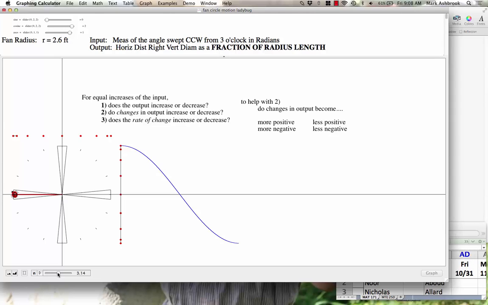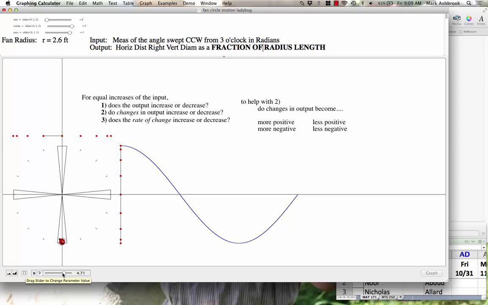The rate gets more positive. Okay, third quadrant. The horizontal distance will change from -1 to 0, and the change is positive or negative? There'll be positive changes getting more positive. Concave up, increasing rate of change.